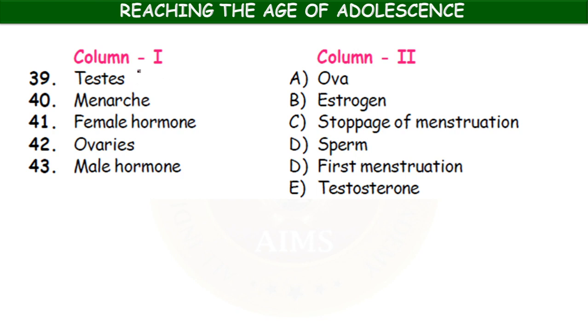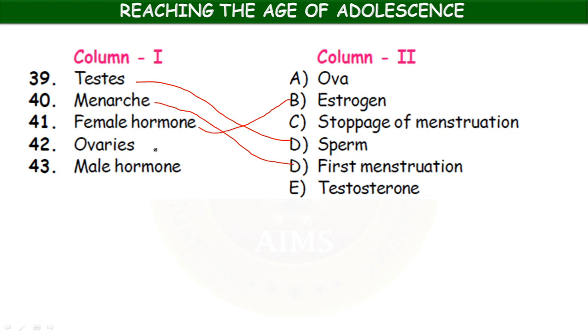Testis, same, the column 1 and column 2 we have to match. The testis produces the male gamete, spermatozoa. Menarche is the first menstruation. Estrogen is the female hormone which is responsible for the secondary sexual characters in females.